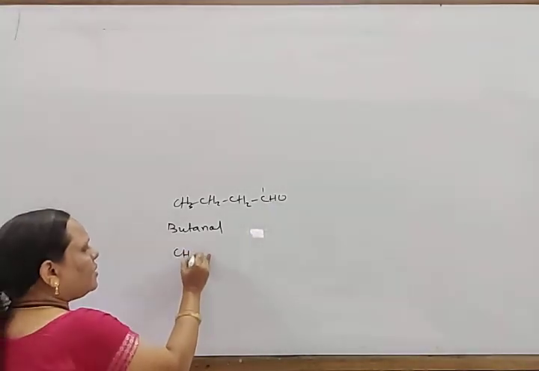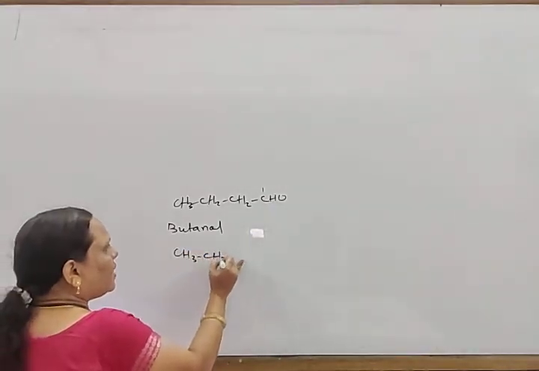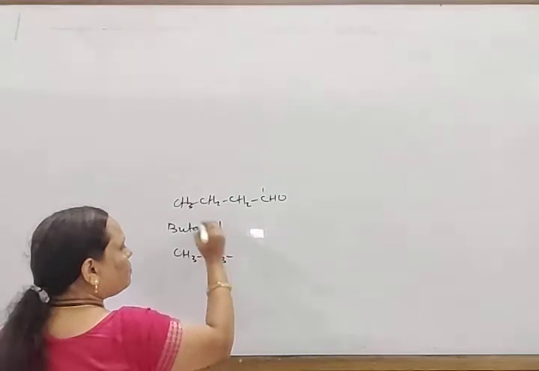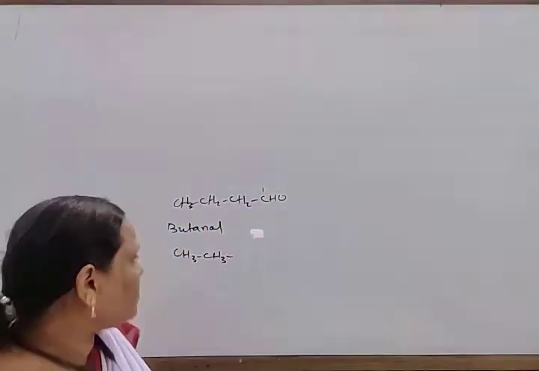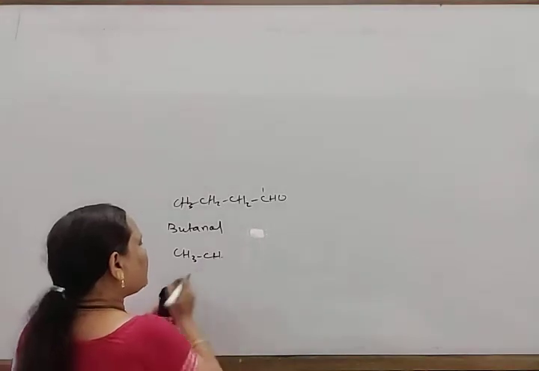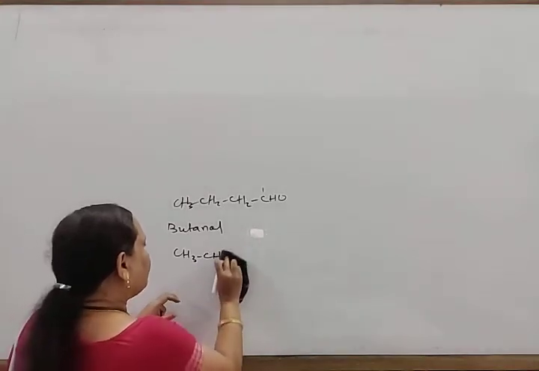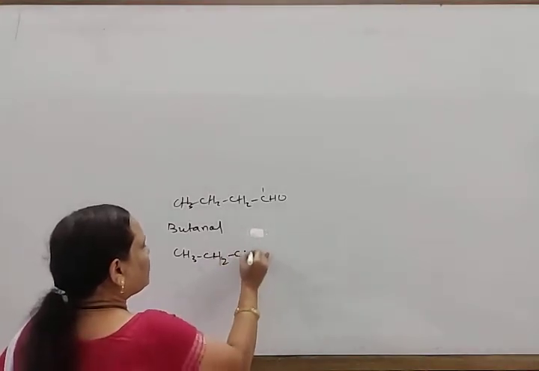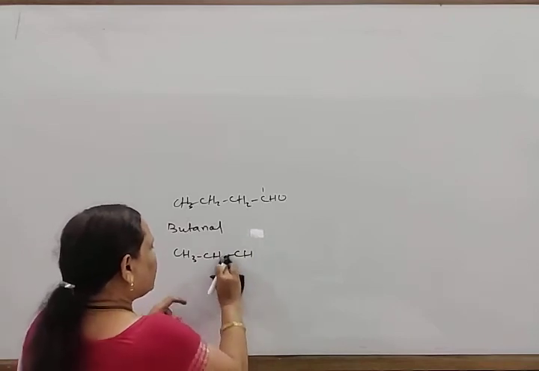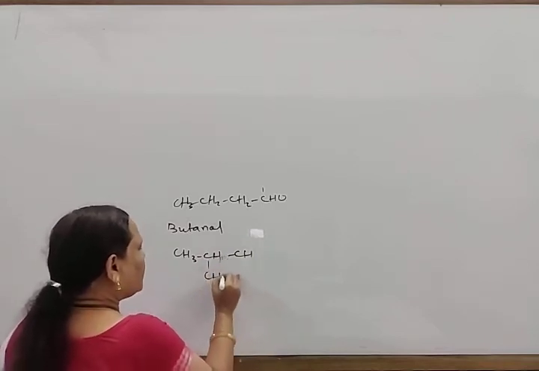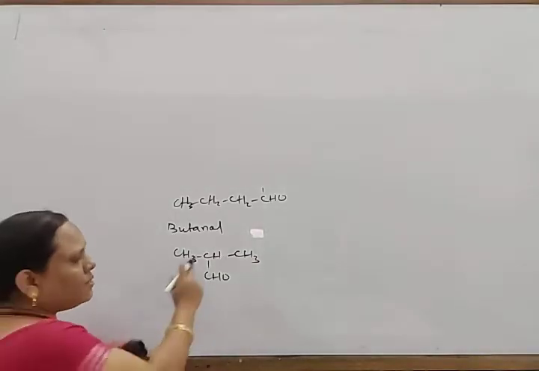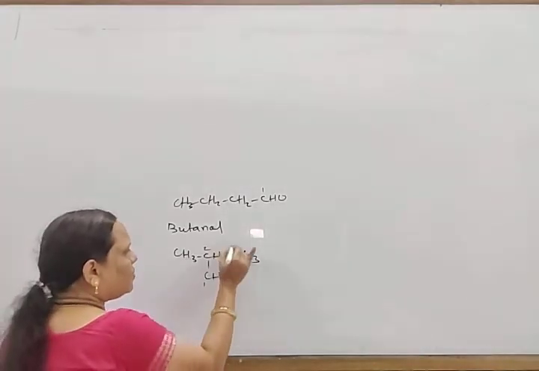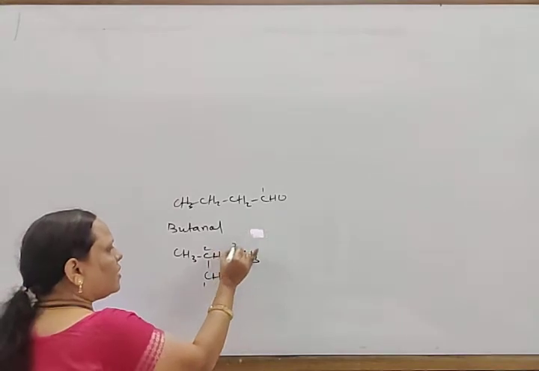But if we write another structural isomer having this formula, then its structure may be like this: CH3, CH, CHO and CH3. The name of this compound is 2-methylpropanal.